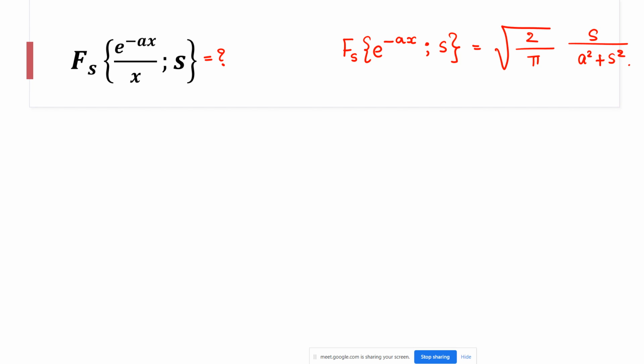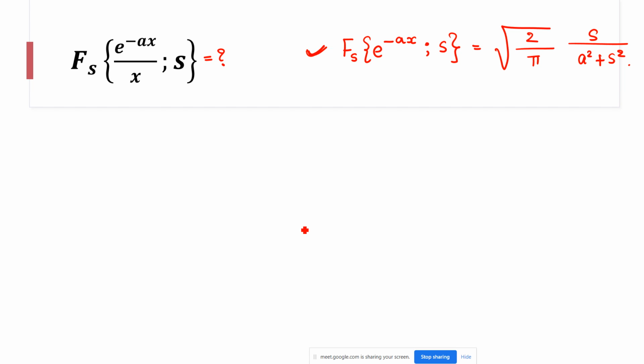But this time we want the Fourier sine transform of e raised to minus ax upon x. So this is tricky. One way is to go through a formula, but the easiest way is to use this result and move further.